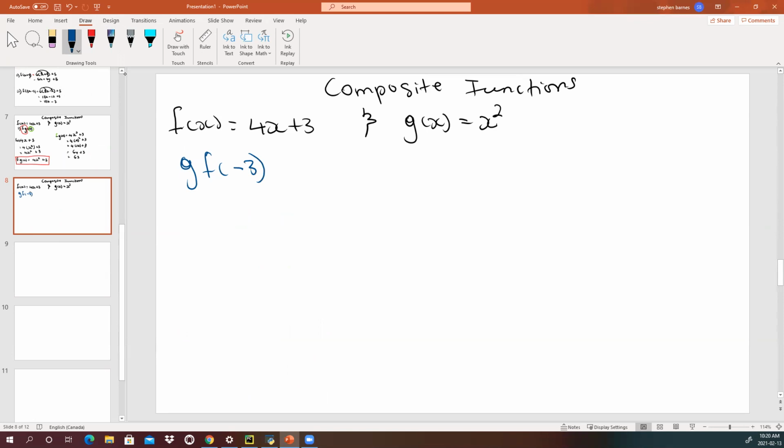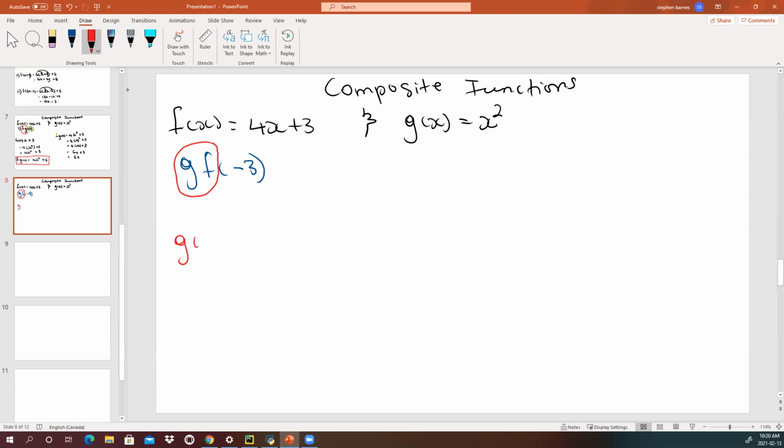So again, I'm going to work it both ways. I'm going to start by first finding the composite function for g of f. What is happening here is that you have your g function and you're putting your f function in it. So I'm going to put down my g function first.